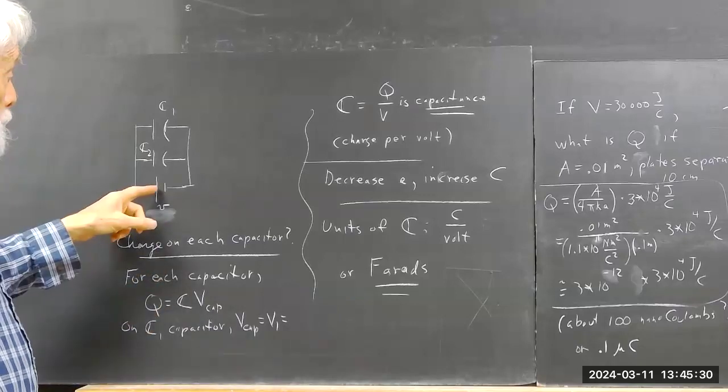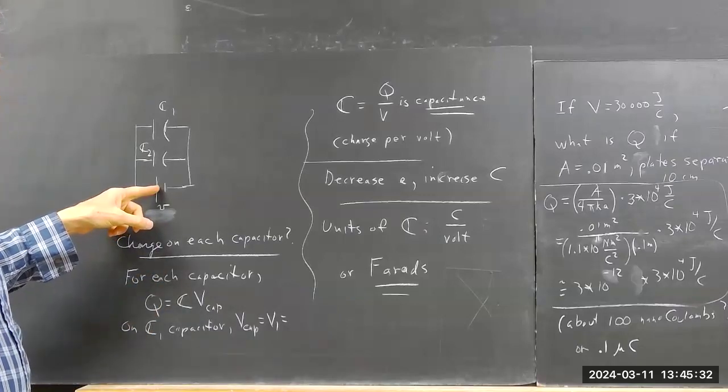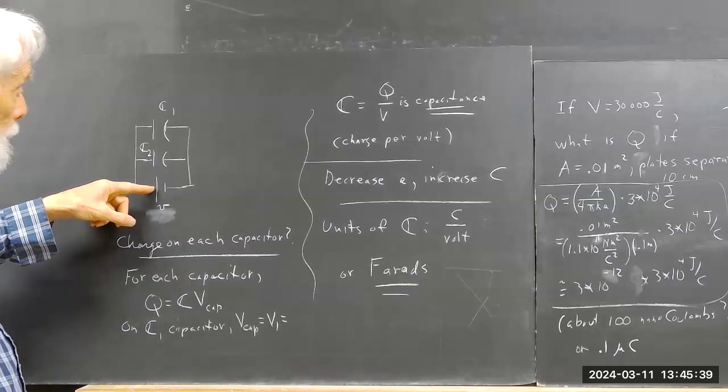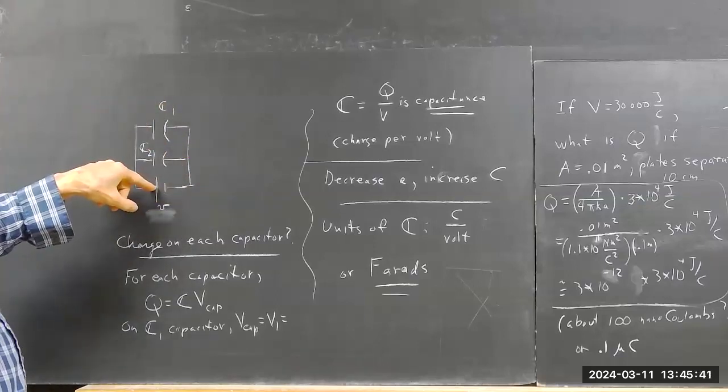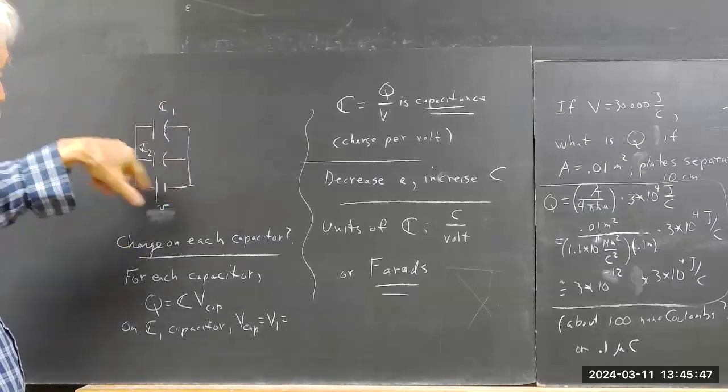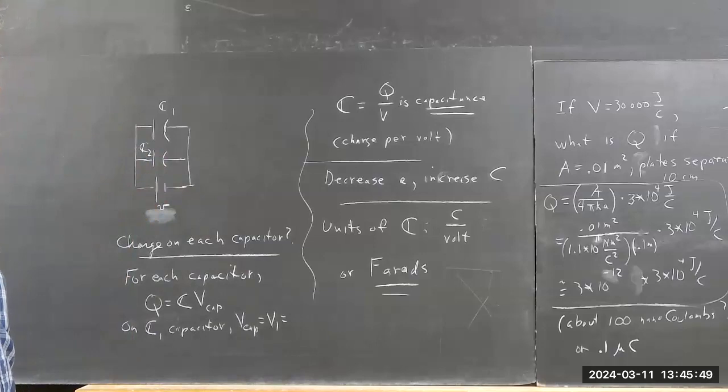So one path from here to here is just a path that doesn't go anywhere. No work is required per unit of charge to go from here to here. If we go around here, it's got to be no work per unit charge. So the voltage has to drop by V as we go all the way around the circuit. Okay?